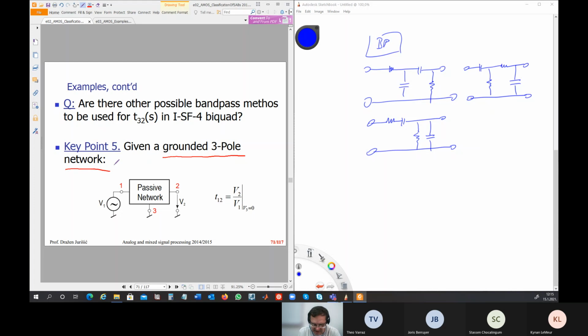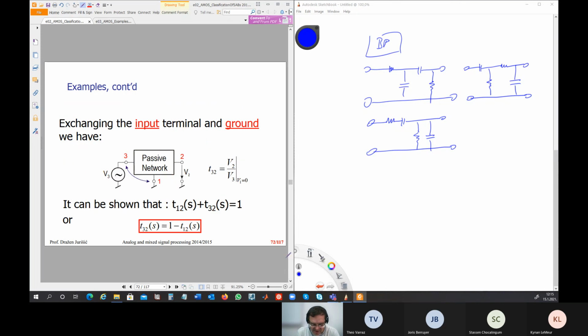It has free poles and it has a special characteristic: if you calculate the transfer function V2 over V1, where of course V3 is equal to 0, and then you exchange the input terminal and ground, you have to calculate V2 over V3 when V1 is 0.